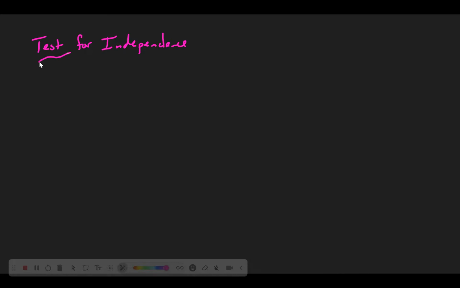Independence. So we have a test for independence that we can do using conditional probability.